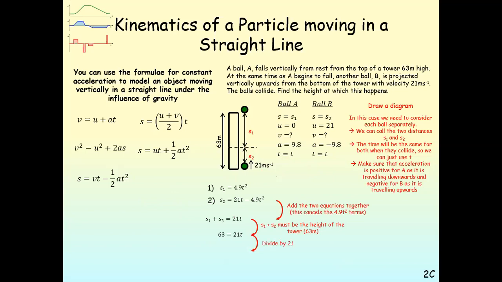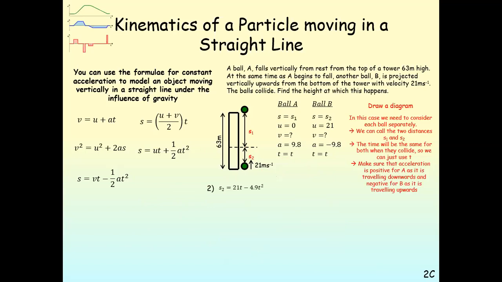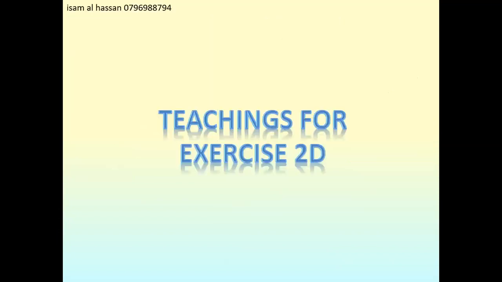That's an equation, so t equals 3. So they will collide at 3 seconds. My target is to make a relationship between the two unknown variables, S1 and S2. That's the time. Then do substitution in any one of those equations, S1 or S2, and you will get this.